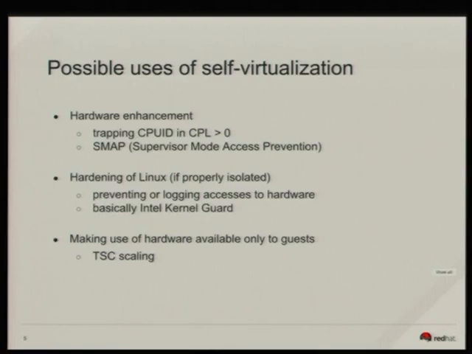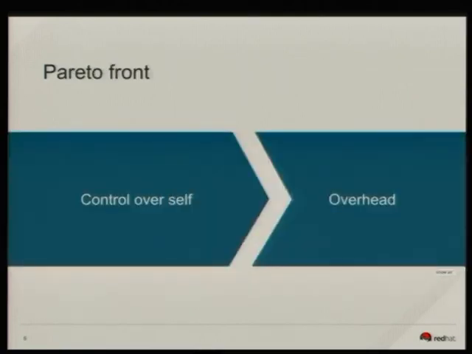If you had a host that can set up the guest in a way that triggers almost no VM exits and has no performance overhead, then you could use this feature, and any time read you do would be faster, because currently you have to scale the TSC, which means that you have to multiply it by its frequency and then add some offset. And hardware would do this for you.